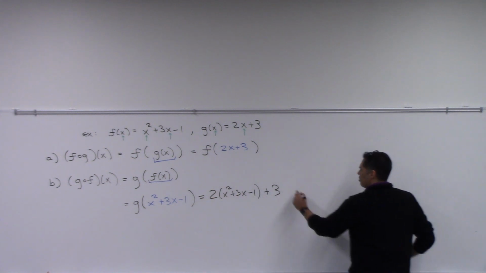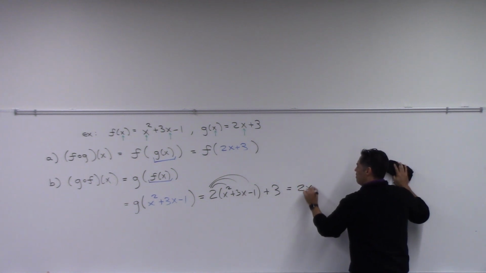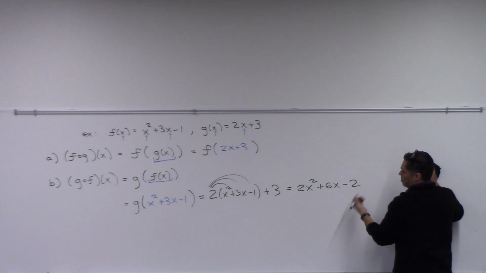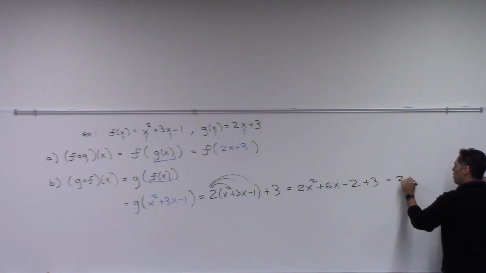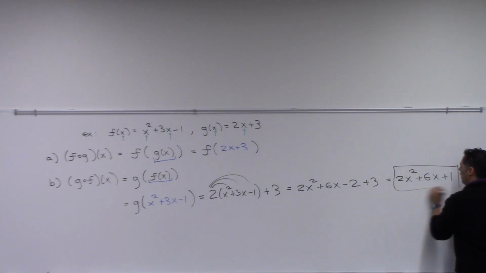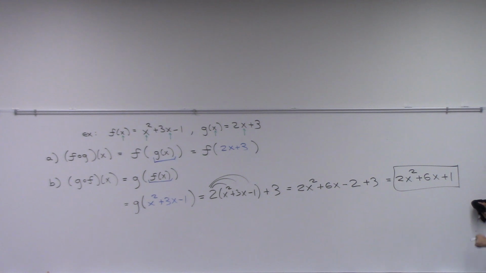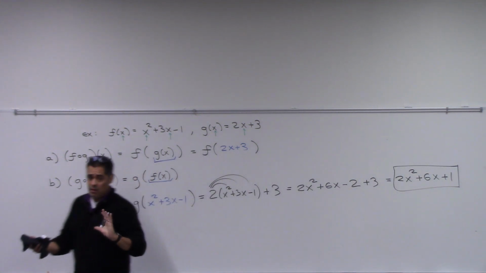And now distribute the 2 through. You should get 2x squared plus 6x minus 2, but we still have the plus 3. And now final version here. Okay. Show of hands. How many of you got that? Okay, great. All right, so composition so far okay? So far?